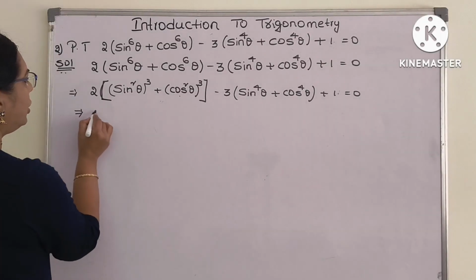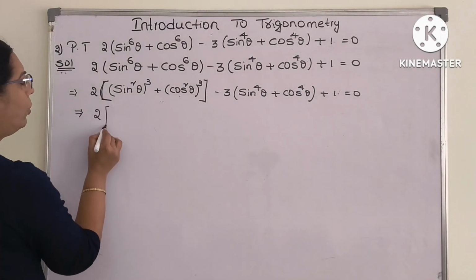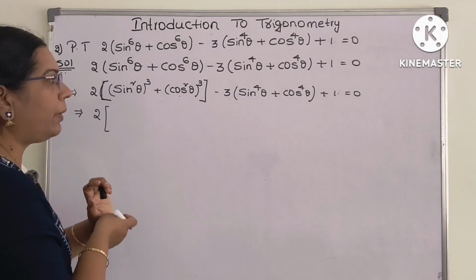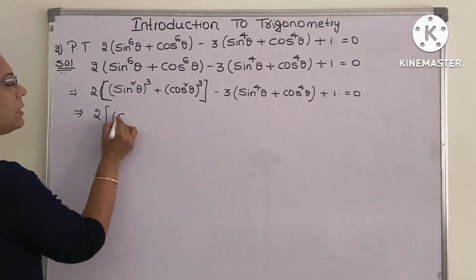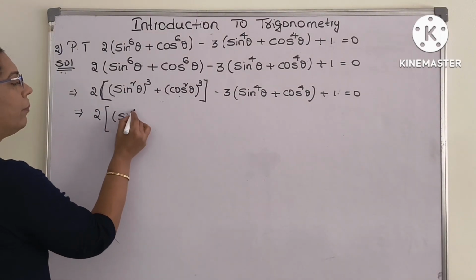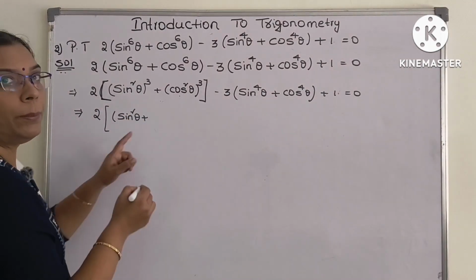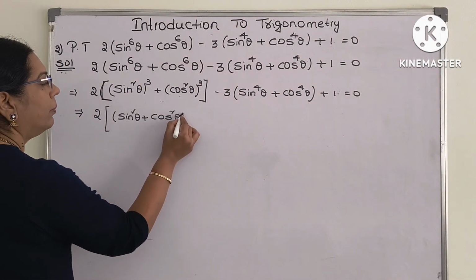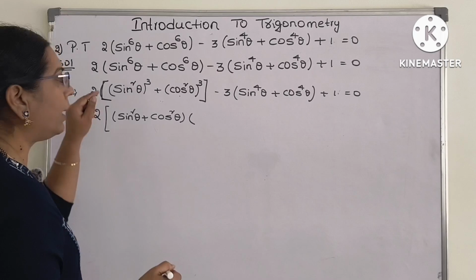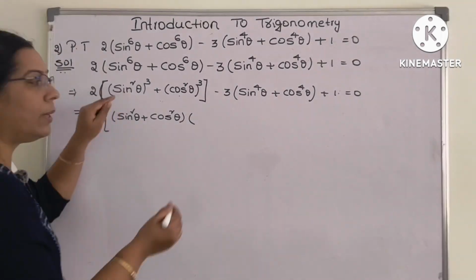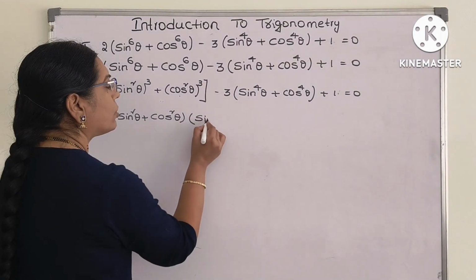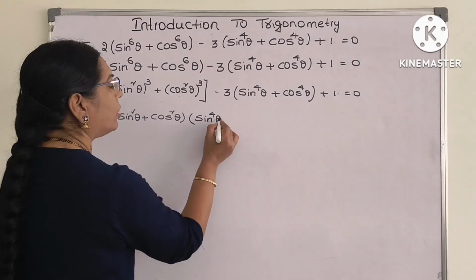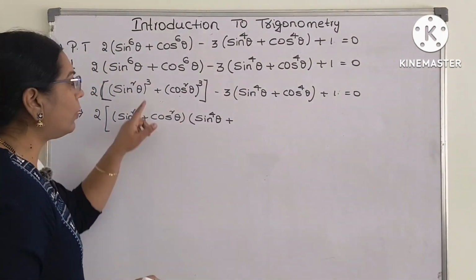So, this should be written as 2 into A plus B. What is A? A is sin square theta, plus B. B is cos square theta, into A square. Square of sin square is sin power 4, so this will be sin power 4 theta plus B square.